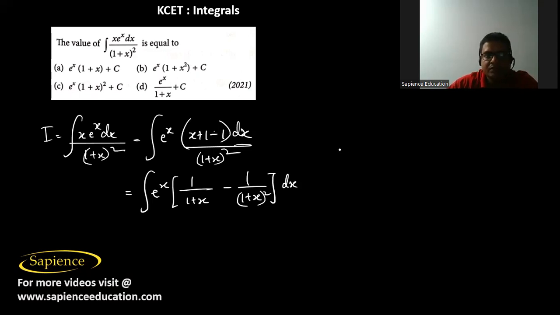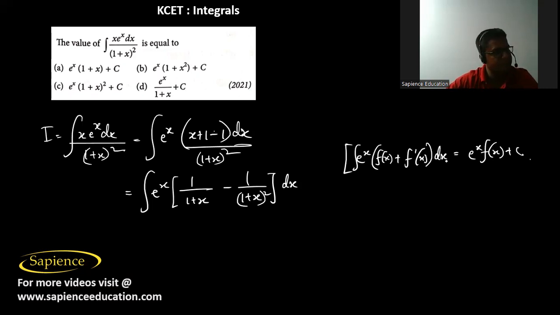Now we know that there is a rule that integral e power x into f of x plus f dash x into dx is equal to e power x into f of x plus c. So this rule we can apply.